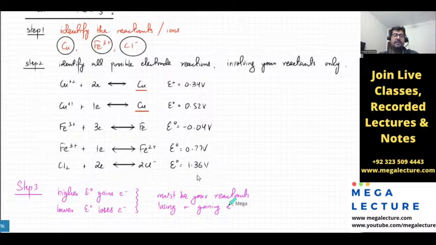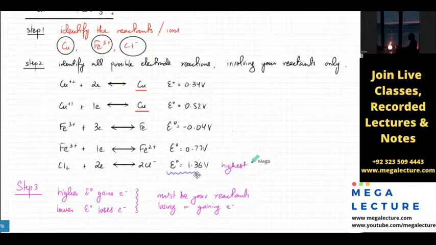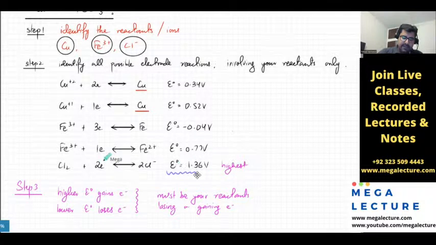Which one is the highest potential at the moment? That's 1.36 volts. I'm going to try and figure out who gains electrons. So right now, the highest potential means this is the one that's going to gain electrons. It's going to go in the forward direction. That's the highest. But I can't use this equation. Again, the reason I can't use this equation is because it's Cl2 that's gaining electrons. I don't have Cl2 anywhere in my reactants.